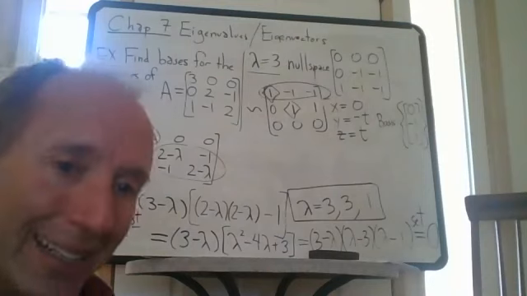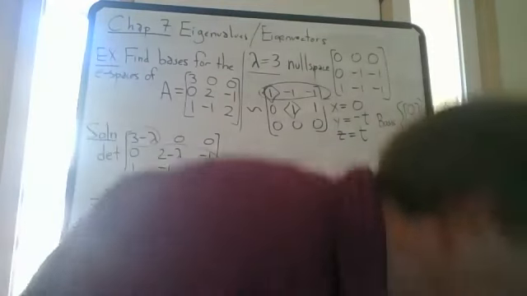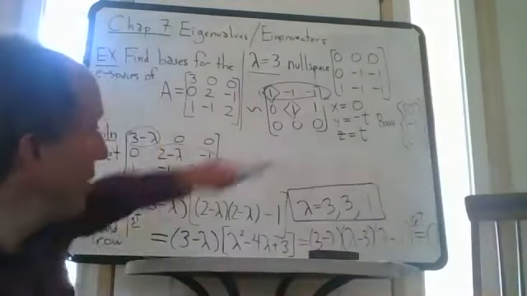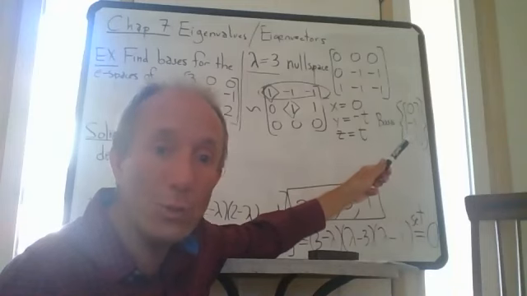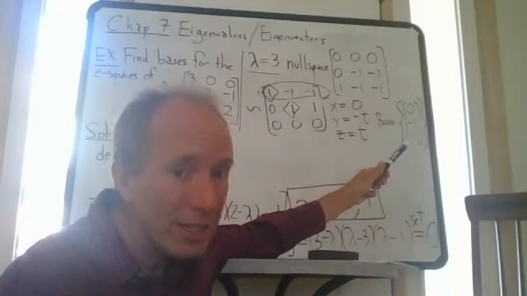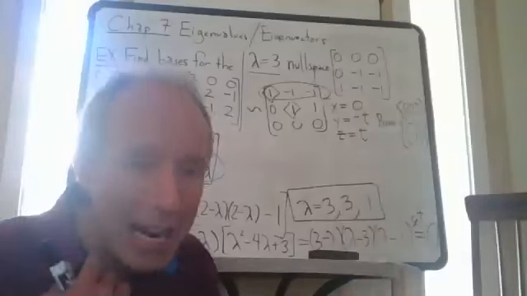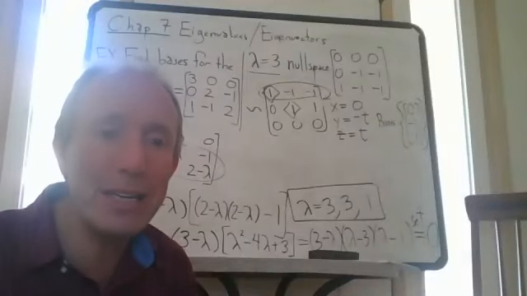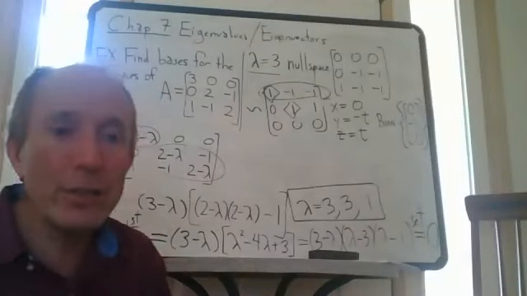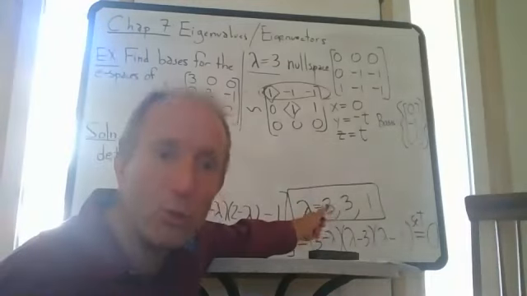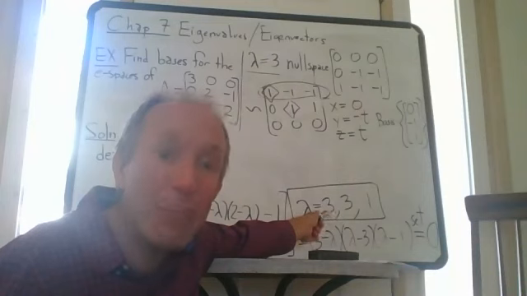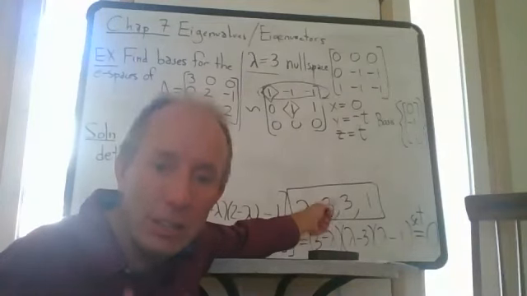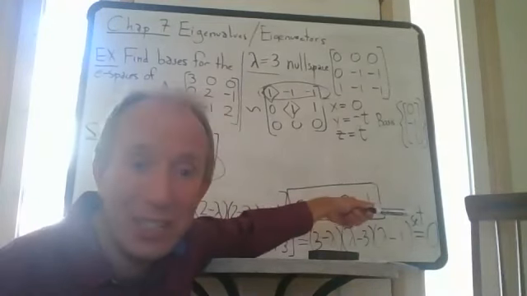By the way, something that I want you to notice is that lambda equals 3 shows up 2 times right here, but it only produced 1 basis vector. This is something that we're going to be keeping track of very soon. We're going to be counting the multiplicity, or the weight, of each lambda that we find, how many times that lambda arose in the characteristic equation.